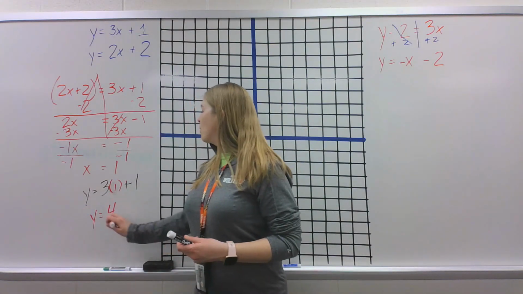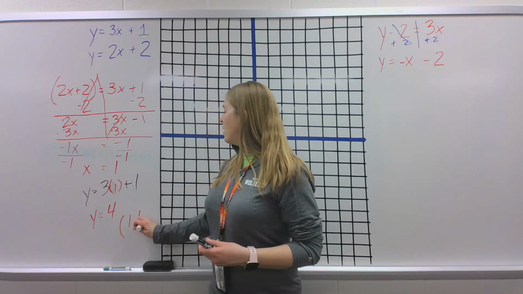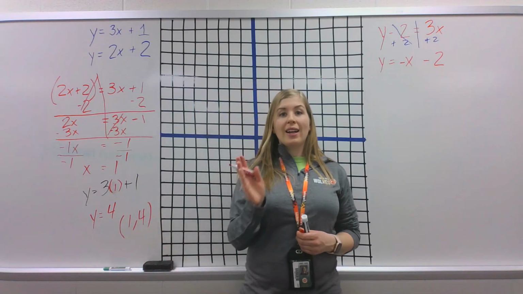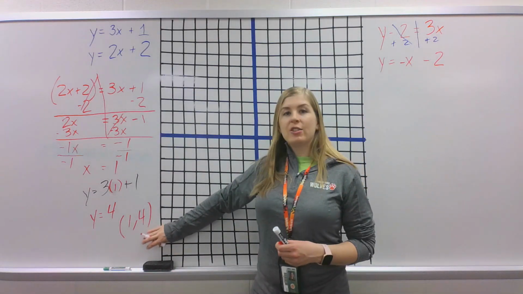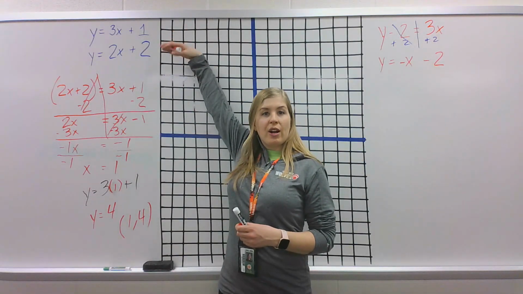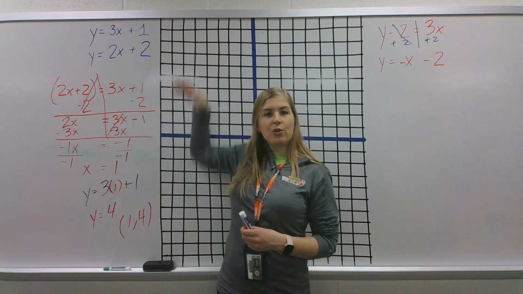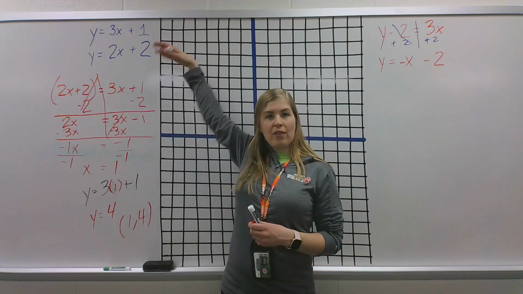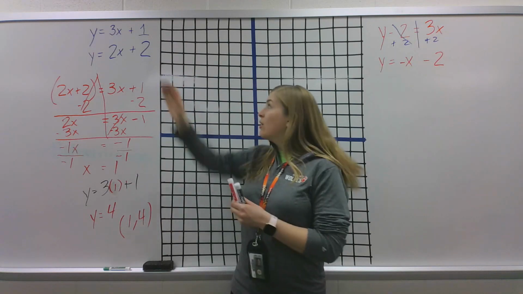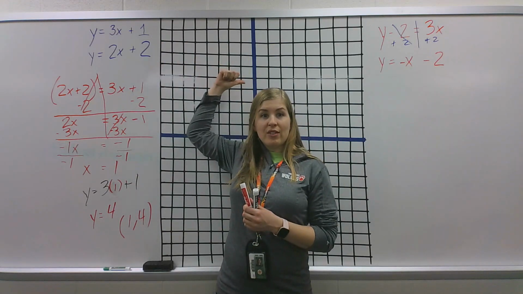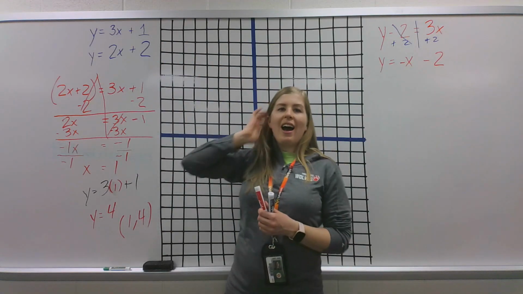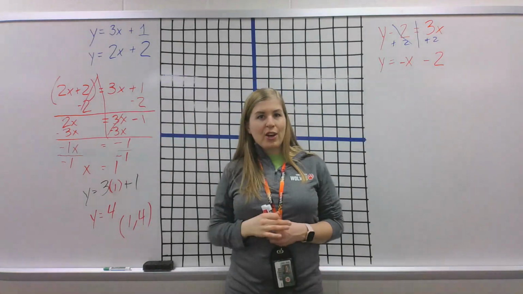Y equals 4. So my answer would be 1, 4, because remember we always do x, y. So this would be the solution to try and figure out what would fit into this system of equations. These two equations, this would be a solution for both of them. All right, and just like when we graphed these in our previous video, we got 1, 4. So see, you can do multiple ways to solve.